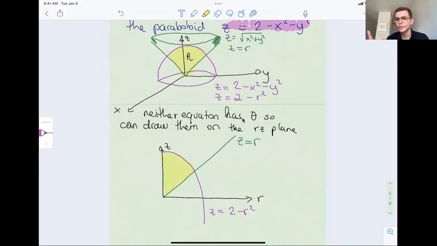What I'm saying is that if you imagine spinning this yellow cross section about the z-axis by 2 pi, you recover the 3D region.